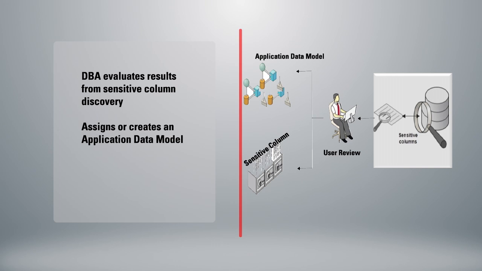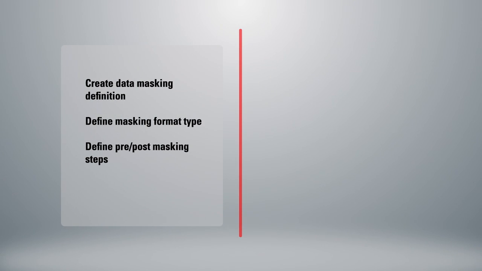It provides the capability of shrinking down, finding the needle in the haystack, and giving it to you. Is this really a needle? Is this really the needle that you're looking for? And if it is the sensitive column type, tag it and save it into your application data model.